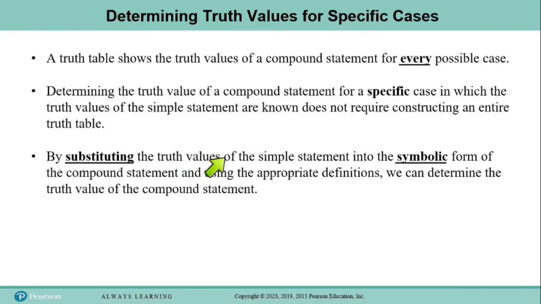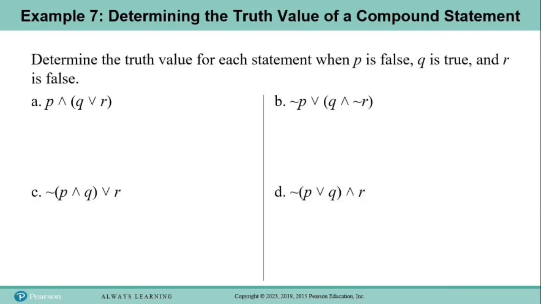By substituting the truth values of the simple statements into the symbolic form of the compound statement and then using the appropriate definitions for not, and, or, we can determine the truth value of the compound statement without looking at the whole truth table, kind of like we did in example 1, if you wanted to go back and look at example 1. But here we're looking at example 7, so let's do the same thing here.